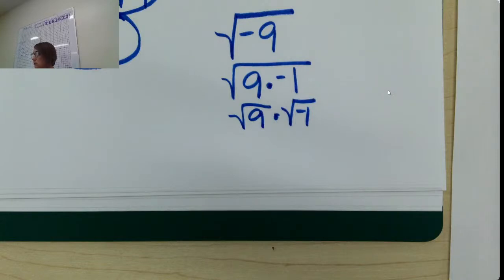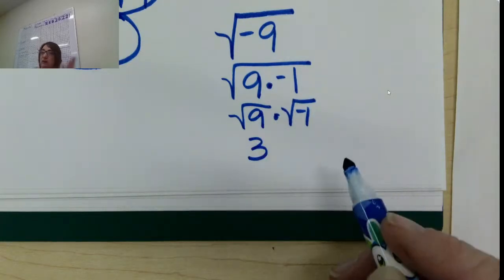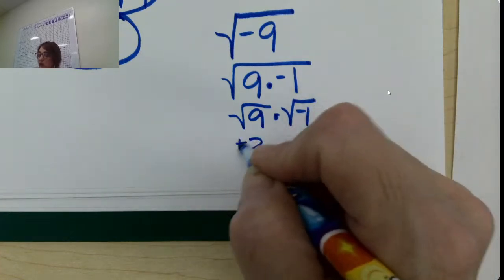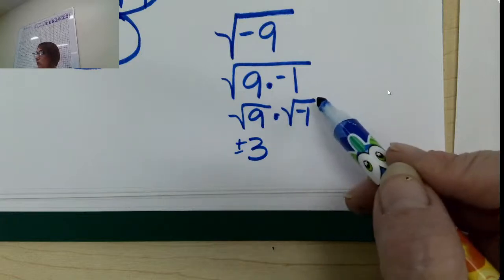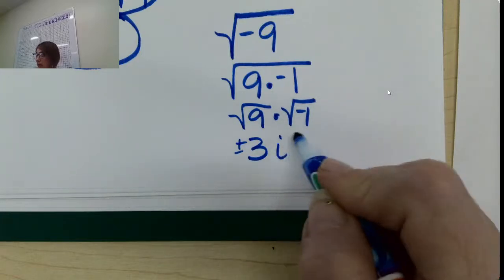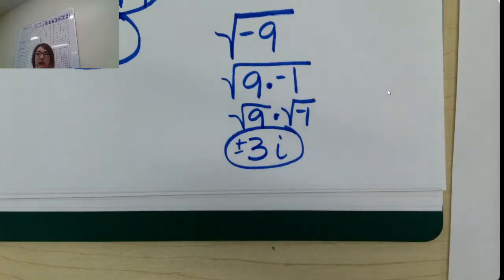Now, what is the square root of 9? 3. And just as a reminder, technically it is positive or negative 3, right? And then what's the square root of negative 1? i. So that's positive or negative 3i. Y'all with me? Yes.